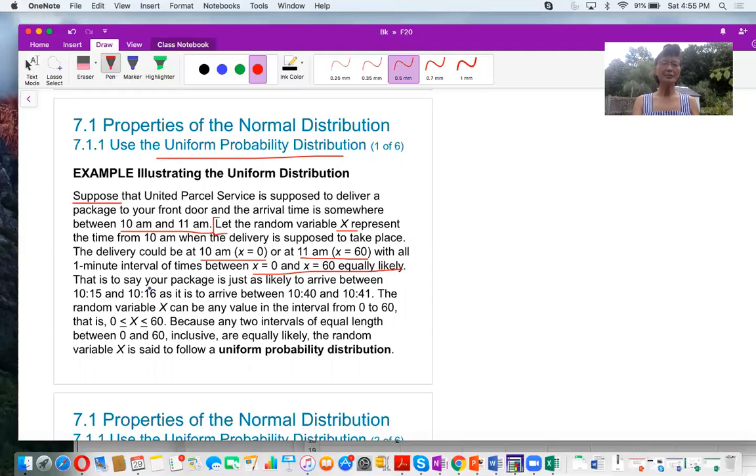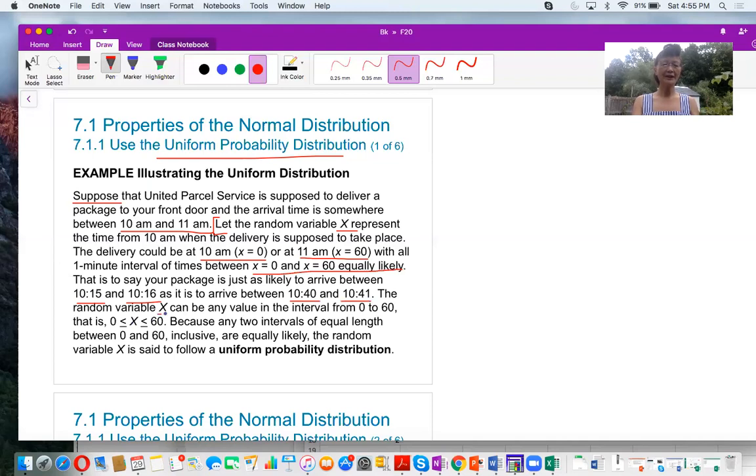That is to say, your package is just as likely to arrive between 10:15 and 10:16 as it is to arrive between 10:40 and 10:41.